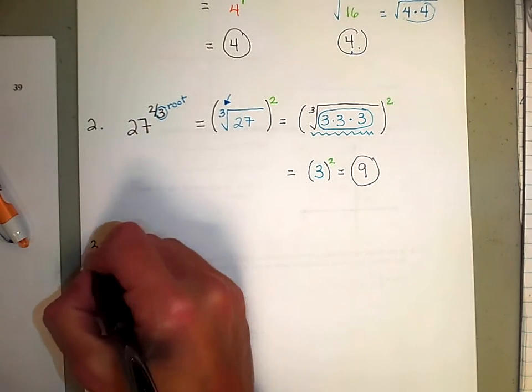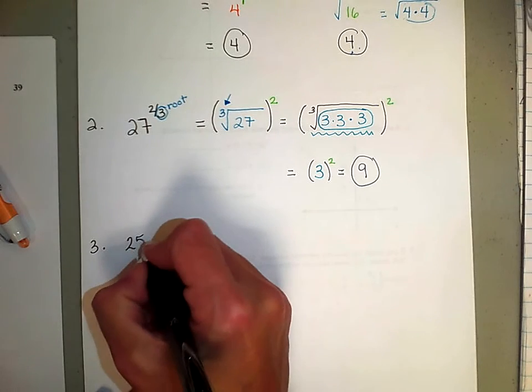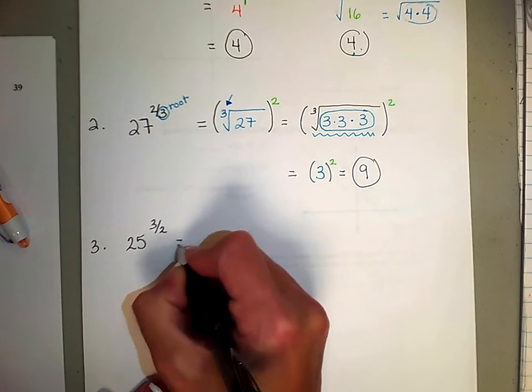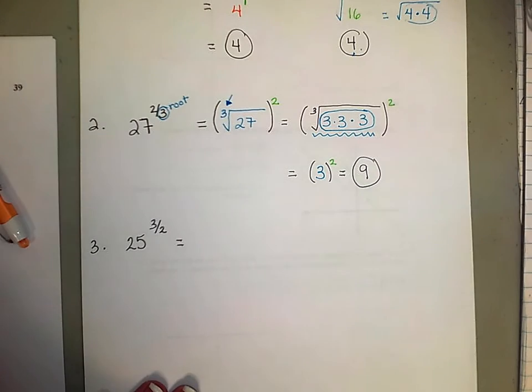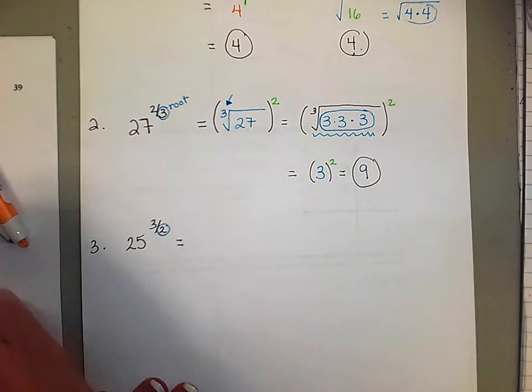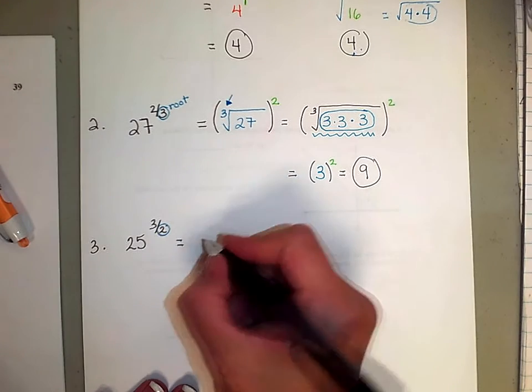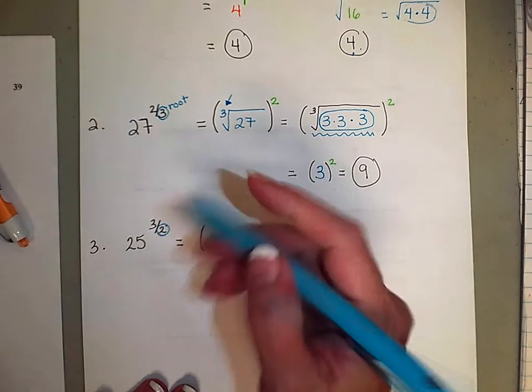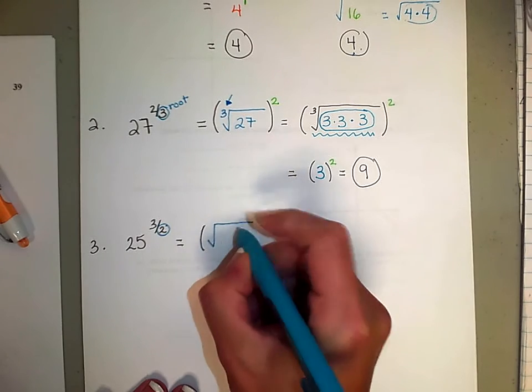Let's do another. 25 to the 3 halves power. Again, the root we will be taking is the denominator. So this is equal to the square root of 25.